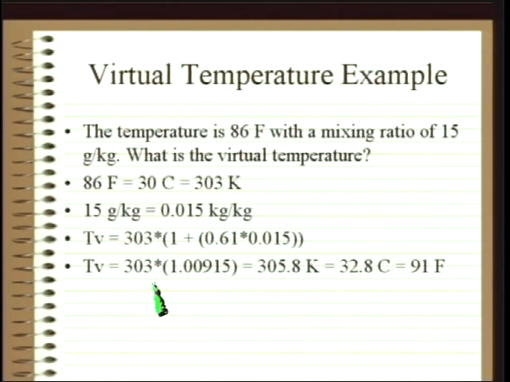So we take the 303 value, multiply by 1.00915, and that is equal to 305.8 Kelvin. Or we can convert that back into the other temperature scales, 32.8 Celsius, or 91 degrees Fahrenheit.